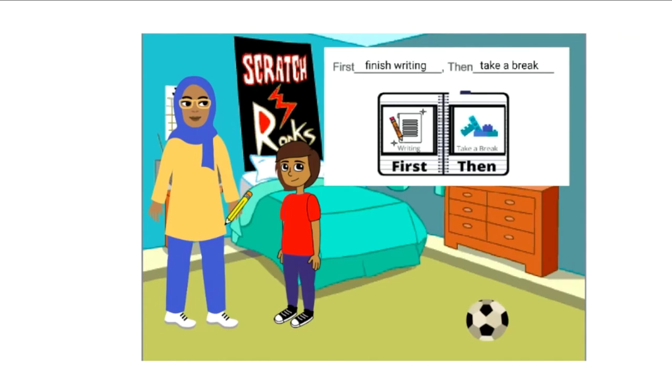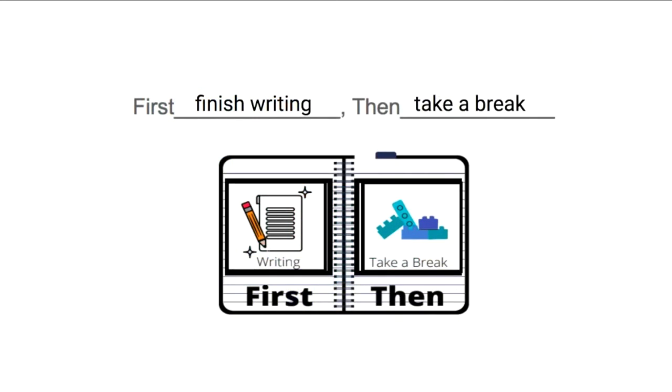When using visual support, it is important that the first and then remain visible to students during the entirety of the activity to serve as a reminder of both the task and the reinforcer.